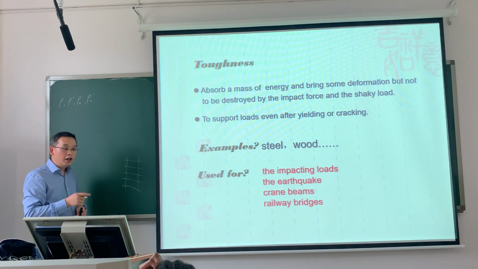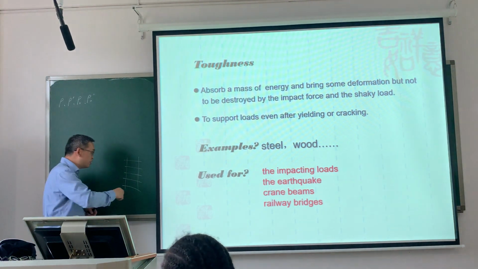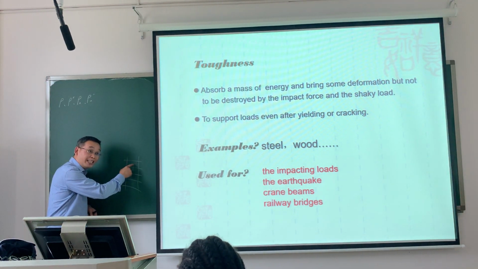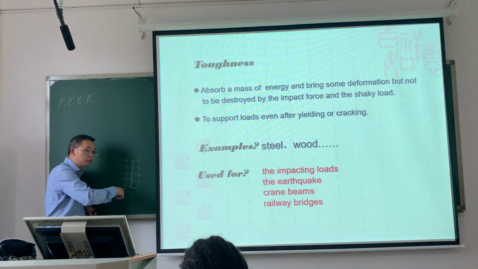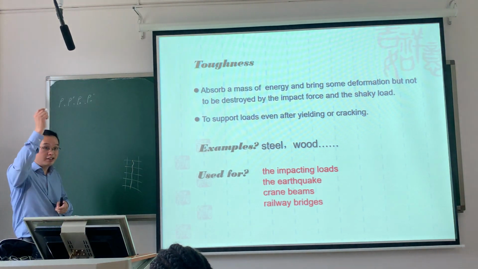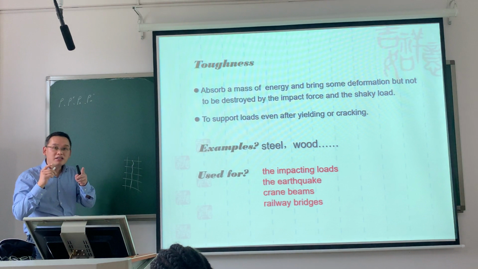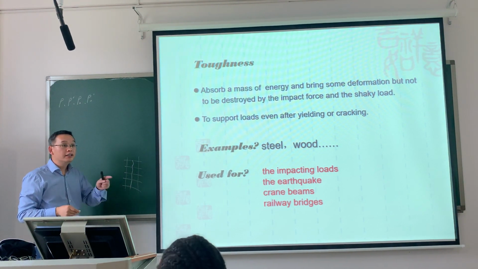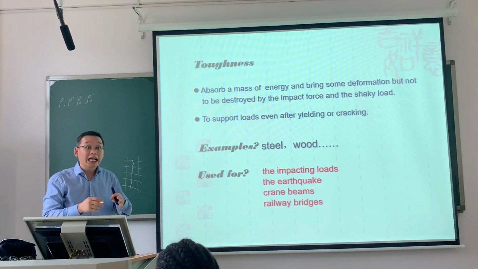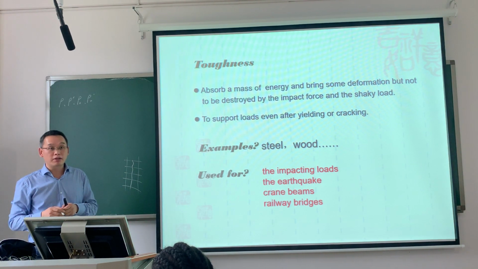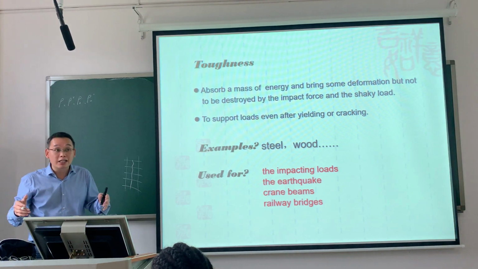No. If the train comes, because the standard concrete is just like the cookie. So we must use what in the concrete? We must use steel or some polymer materials, because polymer has this kind of toughness.